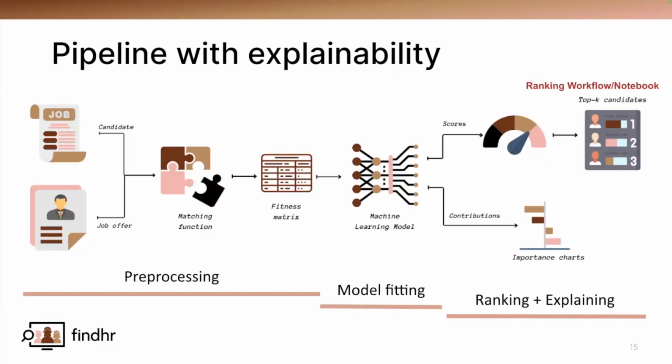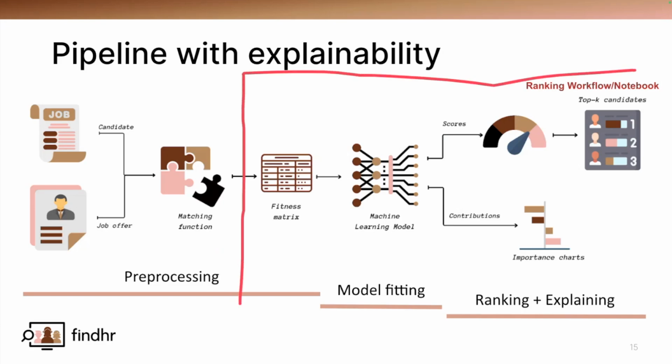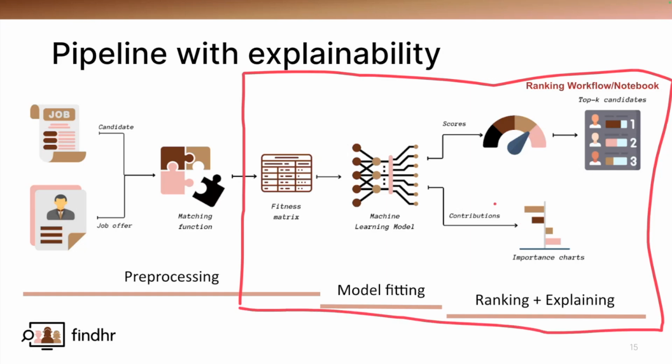So today we see how to realize explainability. Again, we will start from the fitness matrix, as the other part is the preprocessing. Okay, and we will focus now on how to get these contributions through one of the most widely used explainability techniques, named SHAP.